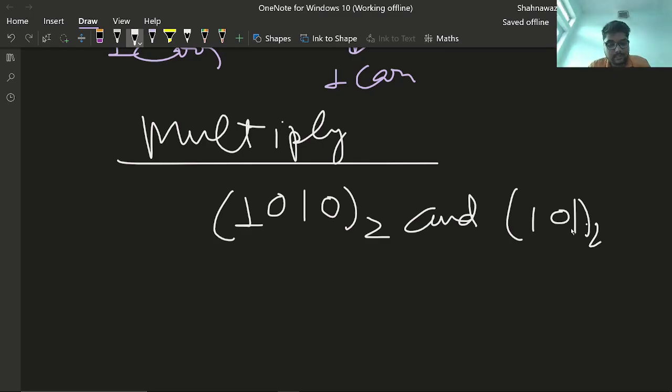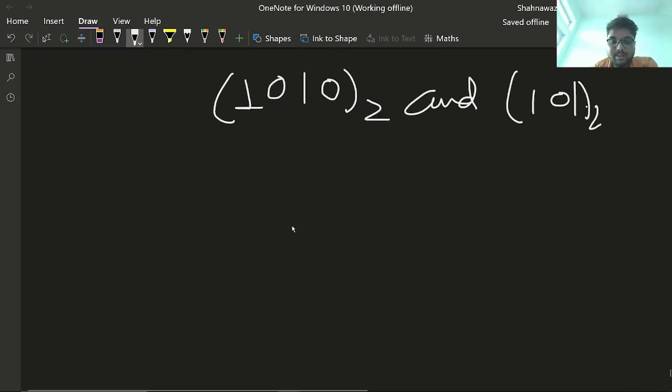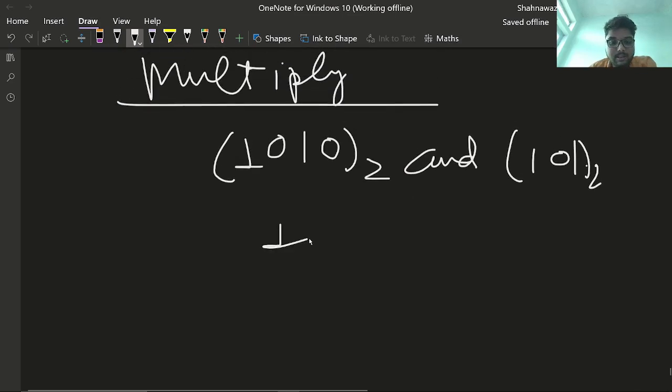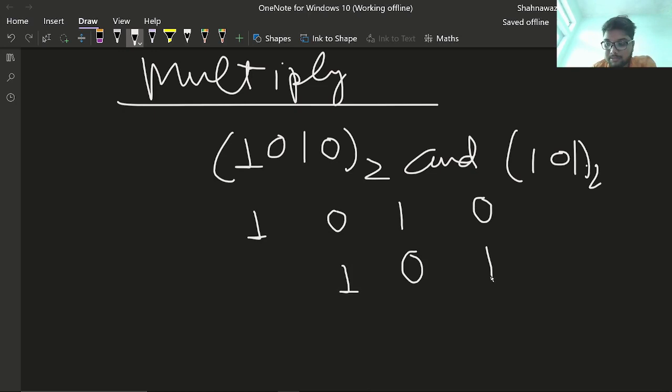I think the lecture is about an hour and 15 minutes, so no problem. How can we perform this? Write it like this, 1 0 1 0, and then 1 0 1 below it, giving some space.